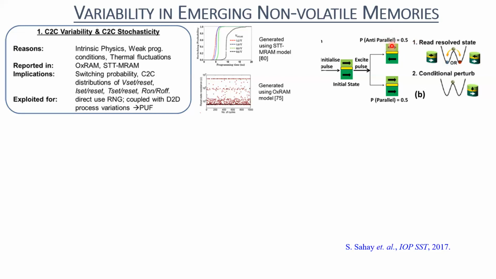Now those spin polarized electrons enter this free layer, and the moment they enter, they again start exerting torque on the electrons present in this free layer, and they switch their magnetic moments in the opposite direction. So from here, you attain this.